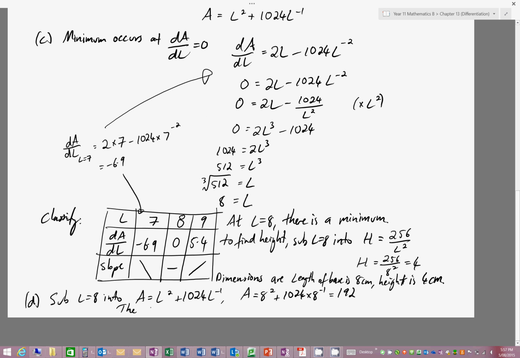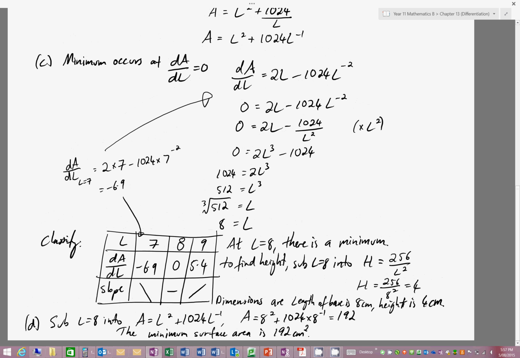So the minimum surface area is 192 centimeters squared.